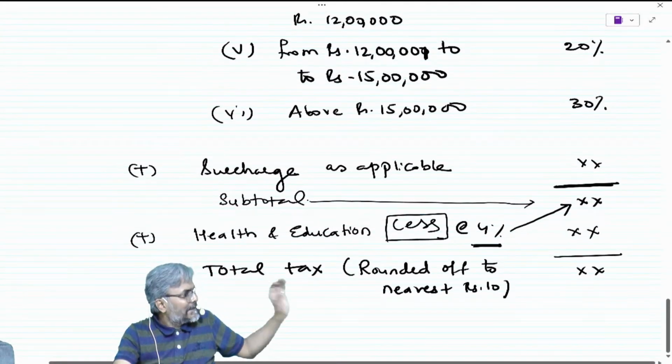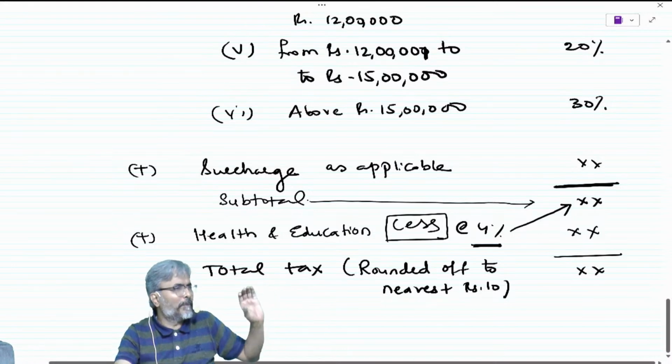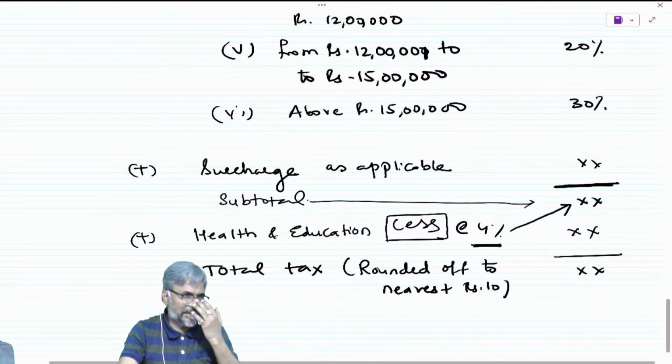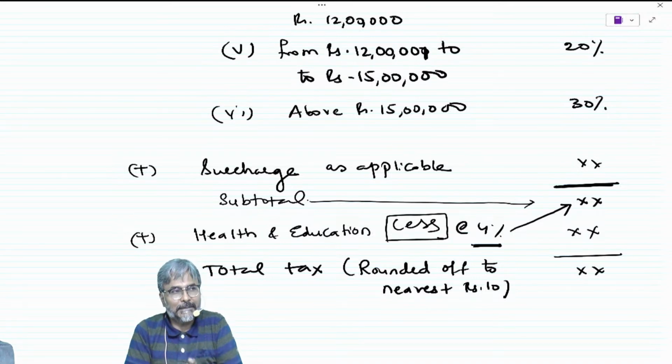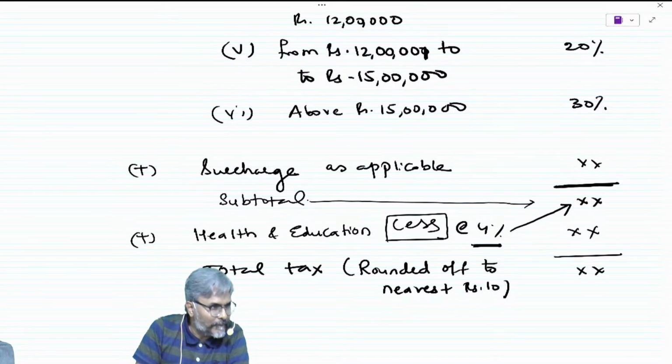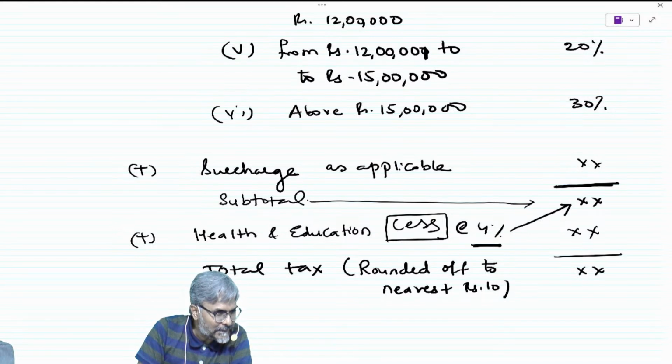Now, students, the cess of 4% is also a tax. You say, but sir, if cess is also a tax, then what is the difference?